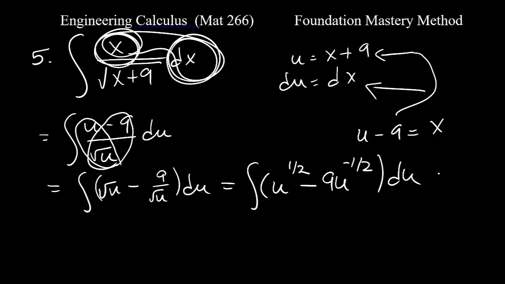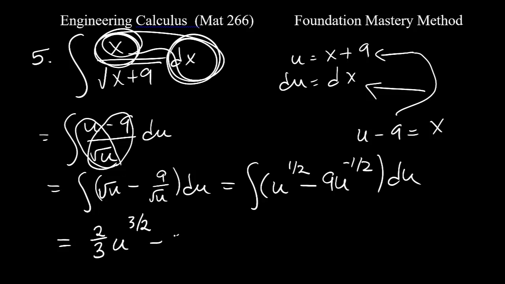And now we're ready to apply the power rule backwards, so we'll have u to the 3/2 power and multiplying by the reciprocal of that new power.